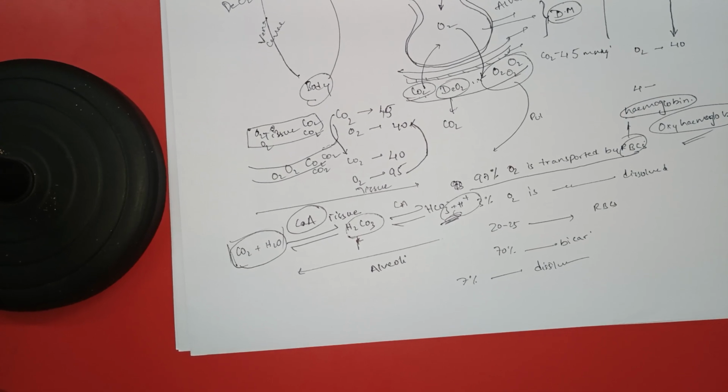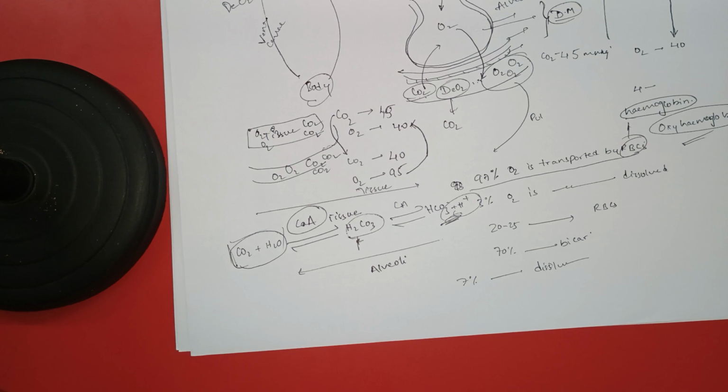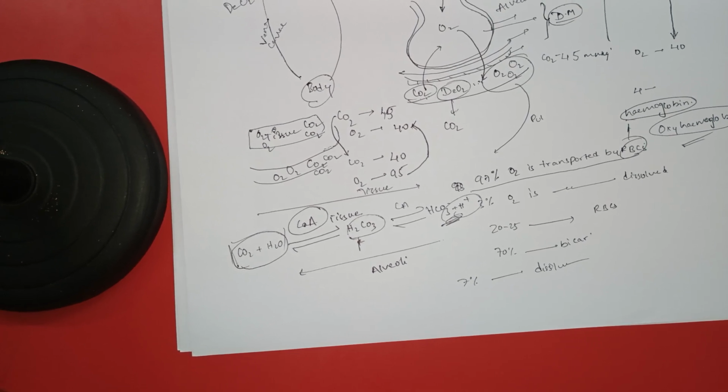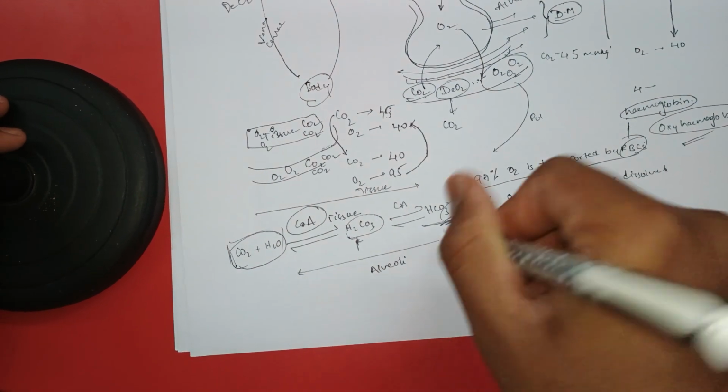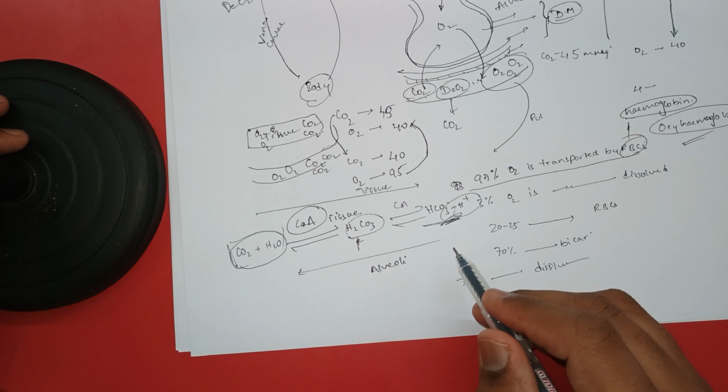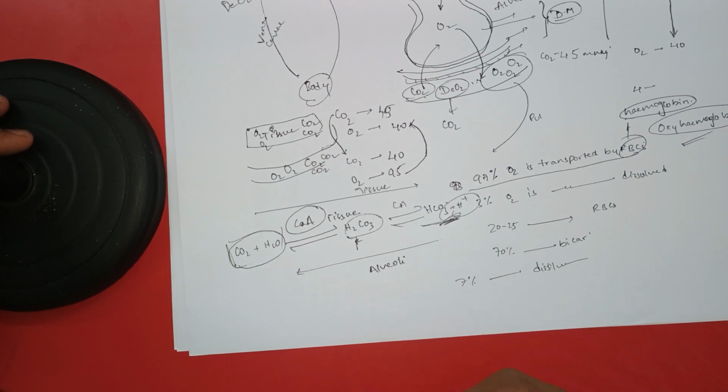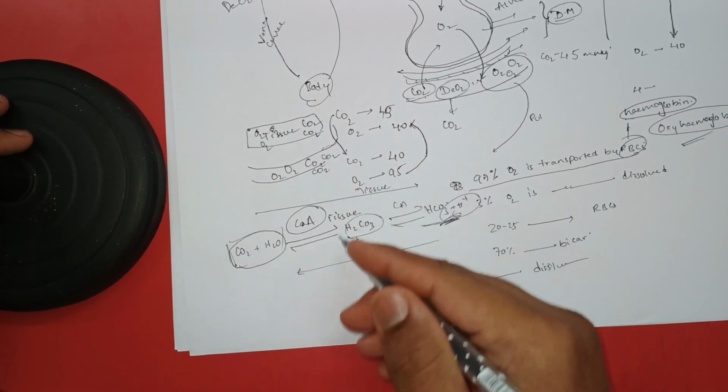That is why we discussed that in the tissues H plus concentration is higher, because this is formed due to the activity of carbonic anhydrase enzyme.